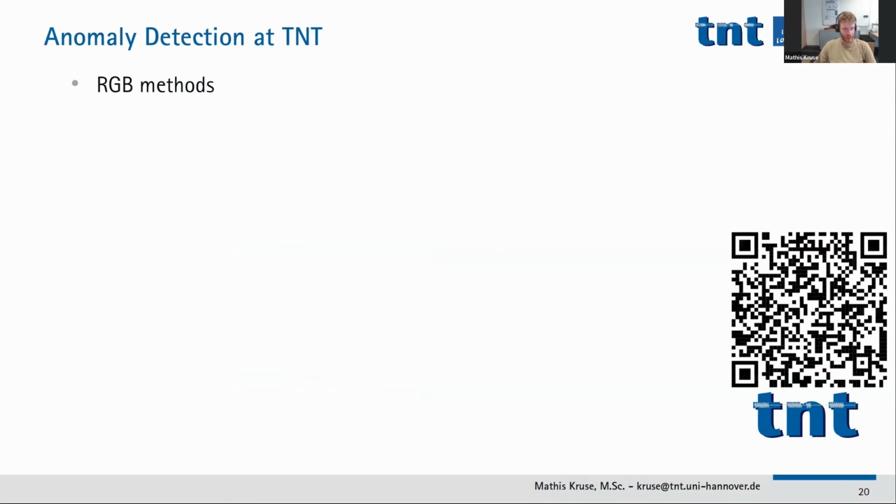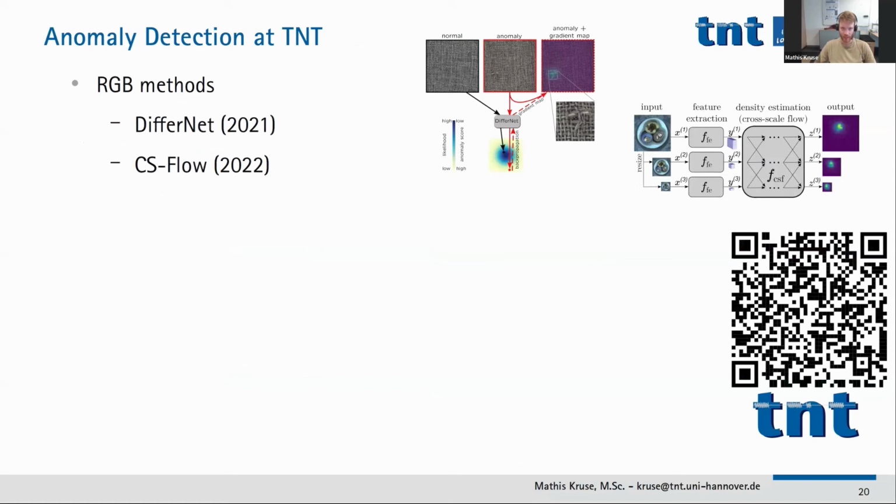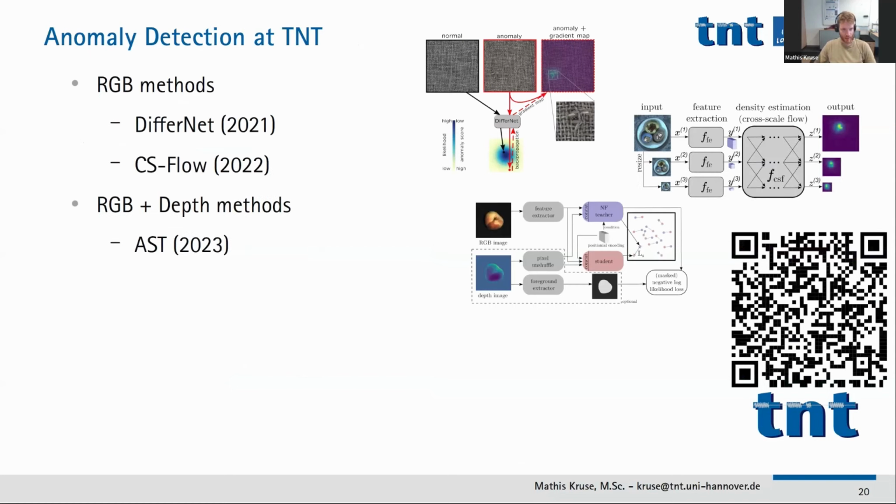Lastly, at TNT, which is my institute here in Hanover, we have by now a small history of anomaly detection models. We have quite a few RGB methods, like the Differentiable in 2021 and the CS-Flow that I already mentioned. We have methods that work on RGB images and also depth data to detect anomalies.